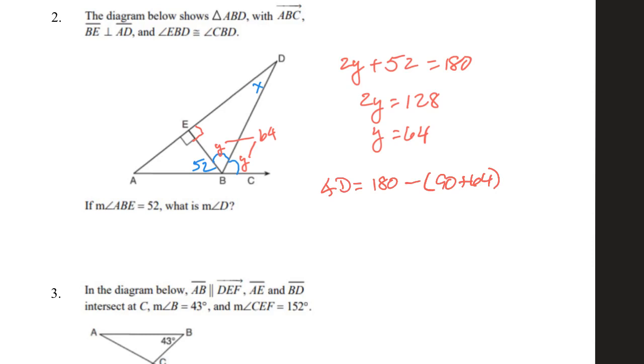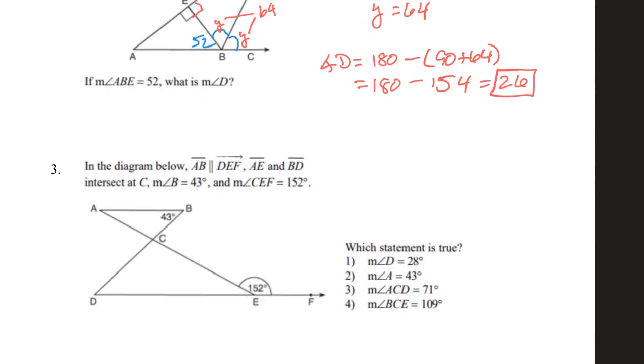If we add 90 and 64, what do we get? We get 154. Subtract 154 from 180, and we get 26 degrees as our answer. All right, that's it for 1 and 2.